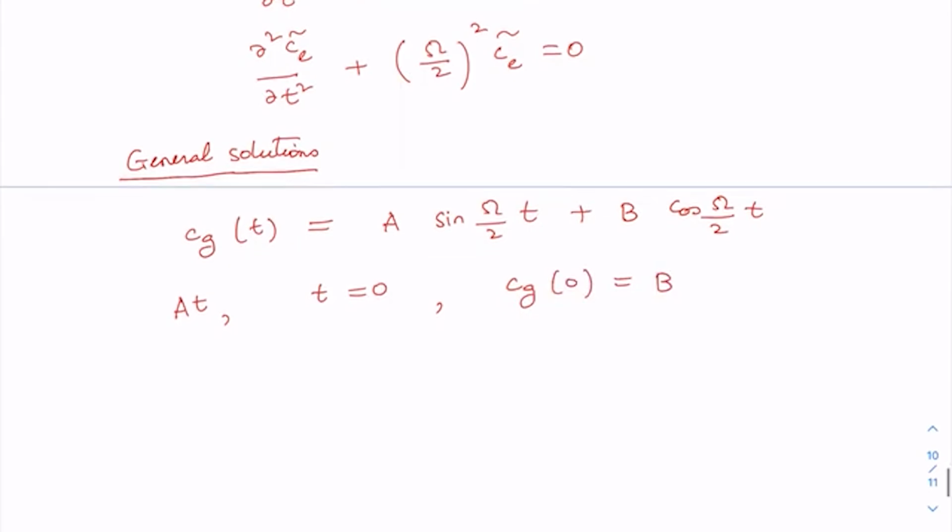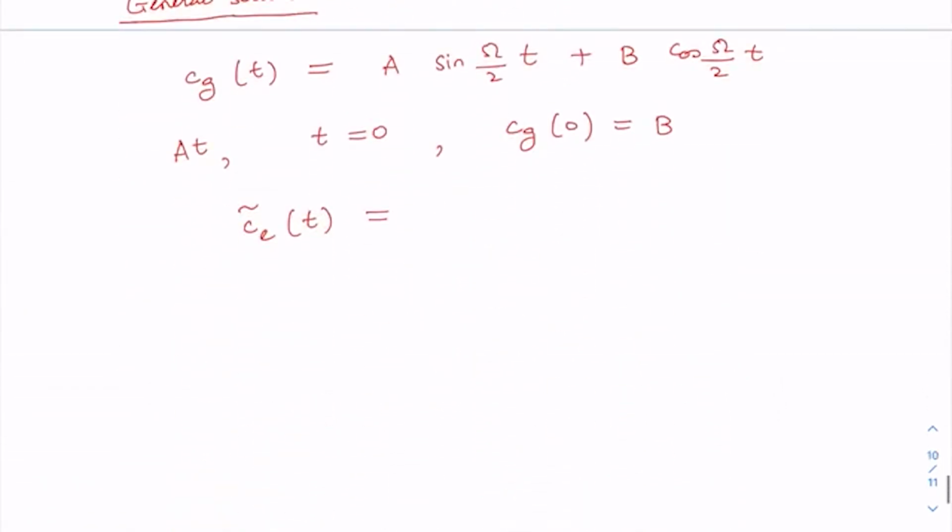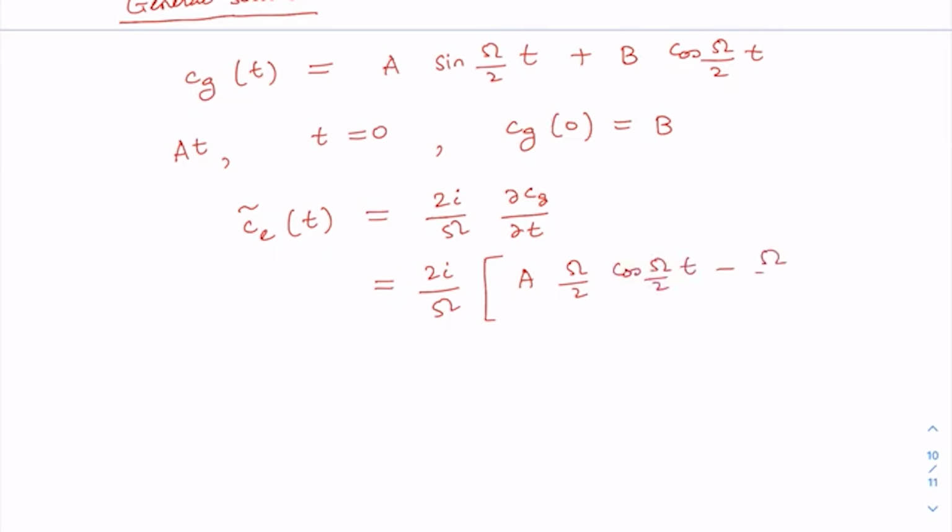On the other hand, I can find out the other constant A from this equation, because C̃e at time t from this equation I can write as 2i/Ω ∂Cg/∂t, and therefore I will get 2i/Ω times A Ω/2 cos(Ωt/2) minus Ω/2 B sin(Ωt/2).